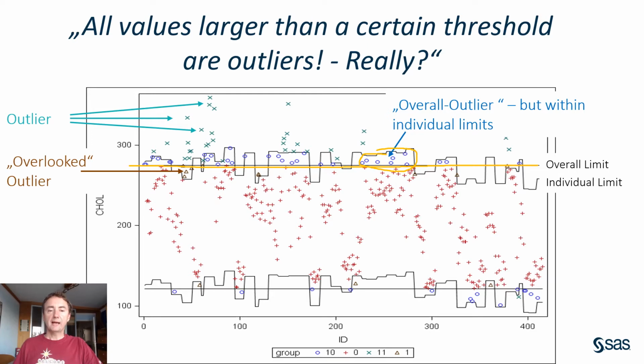Or you might ignore certain outliers because they do not exceed the overall limit, but they are much further away from the individual limits, and they are most likely outliers which you do not see. So the webinar today is to show you how you can calculate these individual reference lines automatically and how to visualize them with SAS Viya and SAS Visual Analytics.